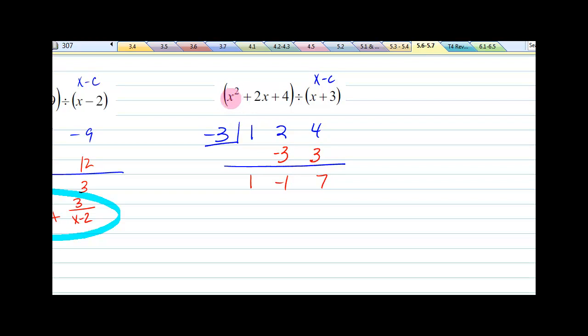The highest power was x squared, so that's where I go 1 less than that, so I start with an x. My coefficient is 1, minus 1, plus my remainder of 7 over x plus 3. So my answer is x minus 1 plus 7 over x plus 3.